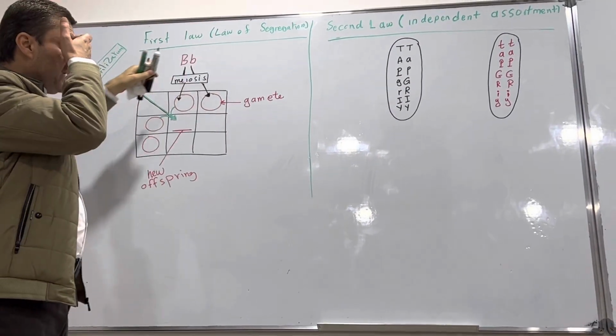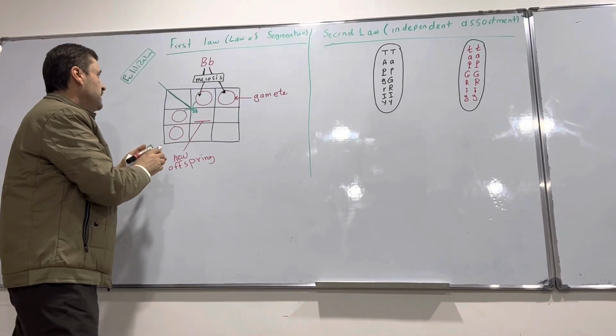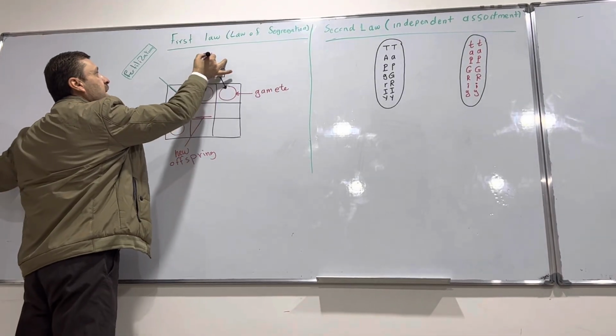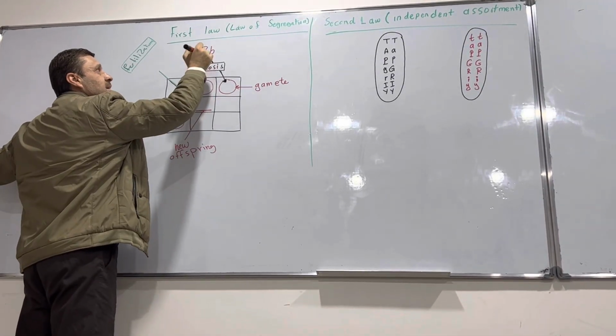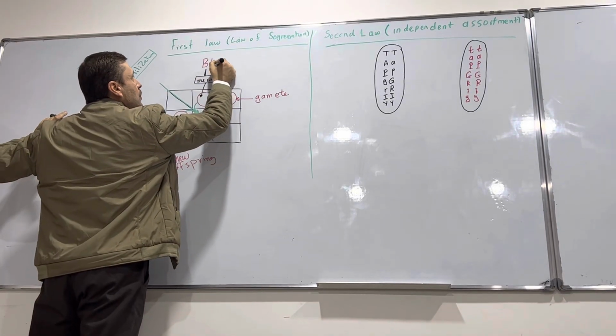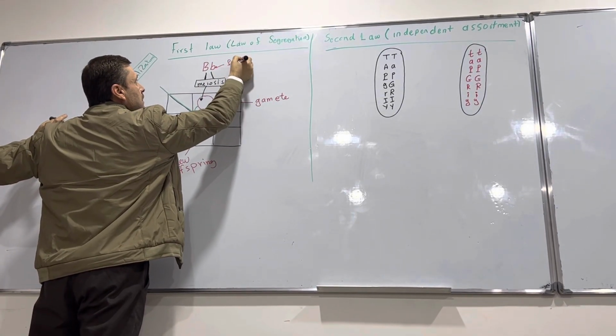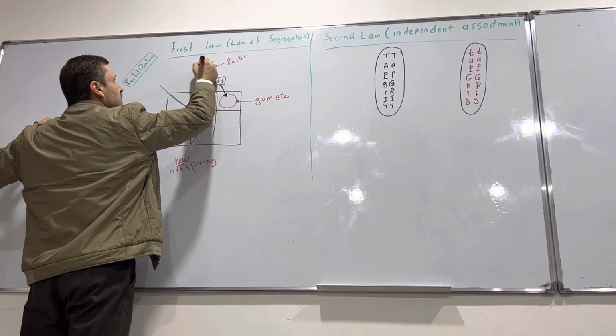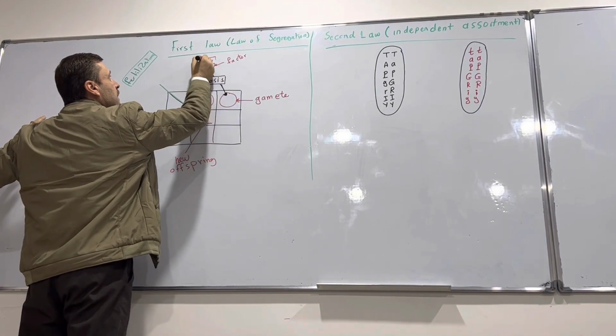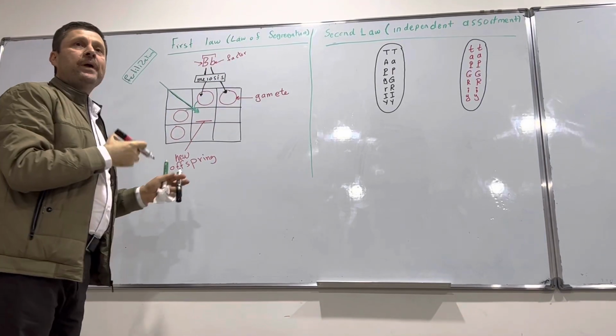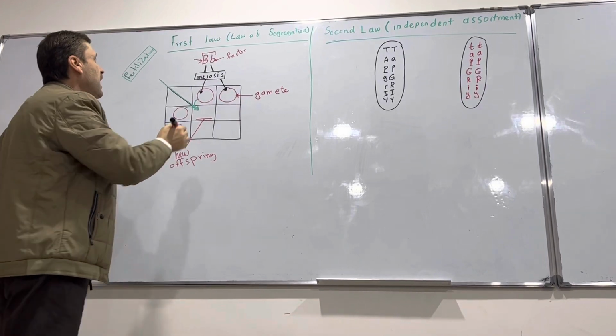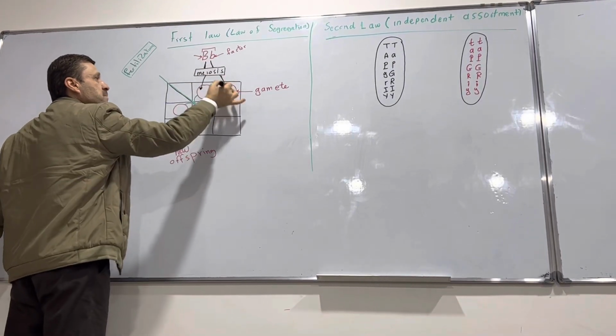First law called what? Law of segregation. Look, the law of segregation states that a pair of factors, for example, I want a pair again, our alone is called a factor. Together comes a pair of factors, and they are transmitted to the gametes.